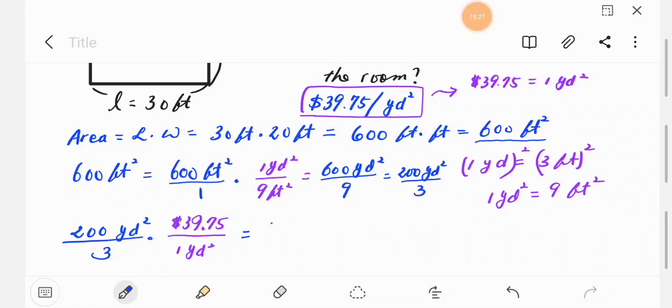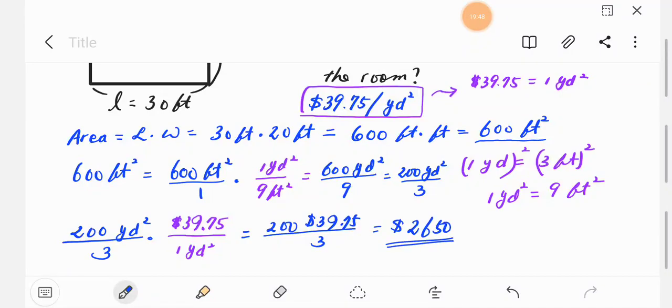So we have the numbers 200 times $39.75 over 3. So use a calculator. Then it will be $2,650.